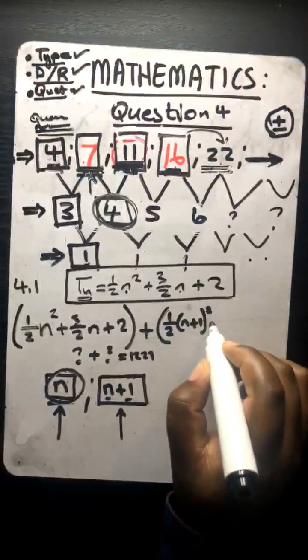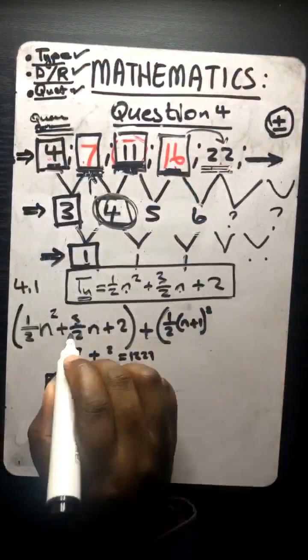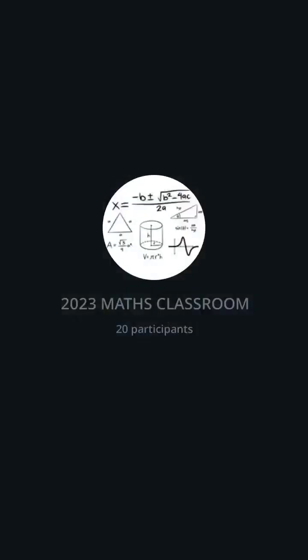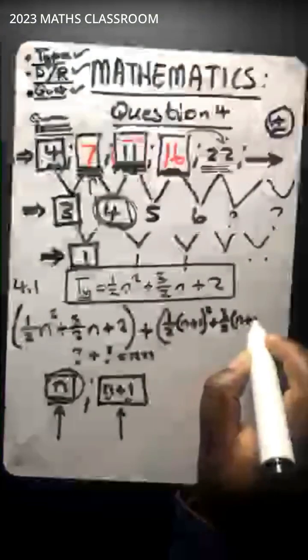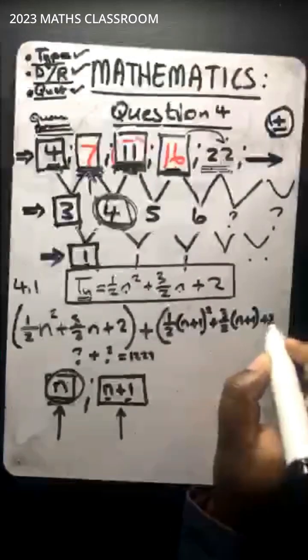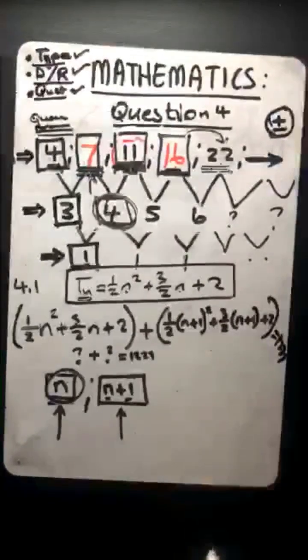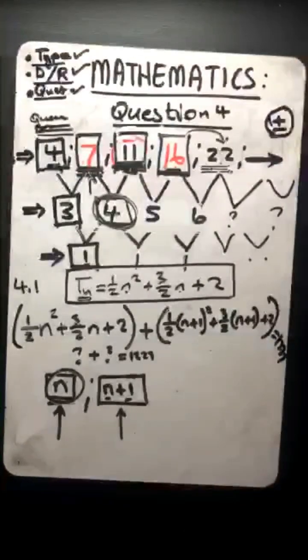And then what's next? It's plus 3 over 2 into n plus 1, and then plus 2. It equals 1,227. Yes, I think it's still a bit complicated.